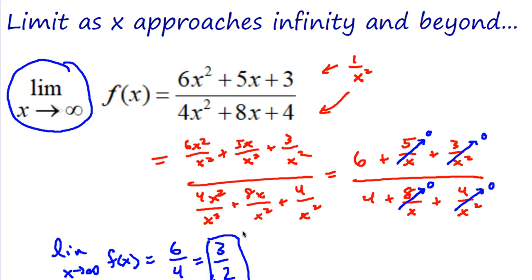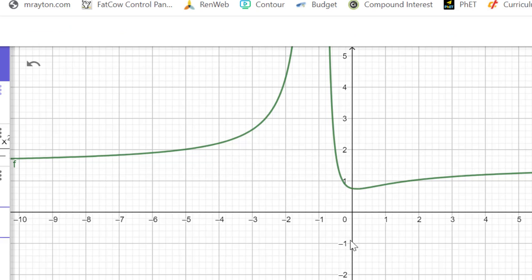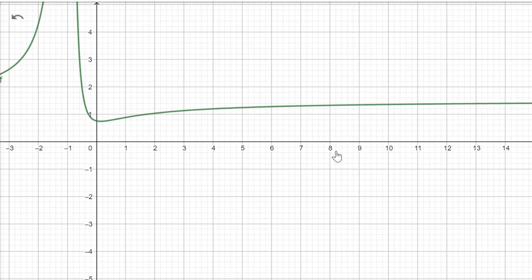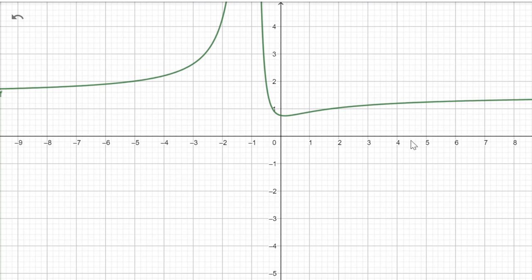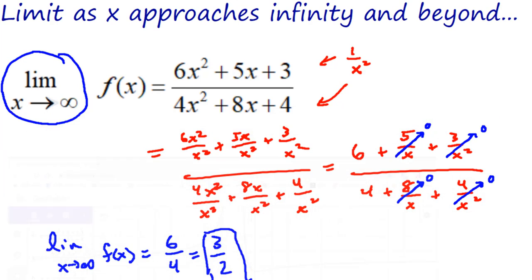If I graph this out, we would see graphically that this is correct. Take a look at this graph of 6x squared plus blah, blah, blah, over 4x squared plus blah, blah, blah. You can see how, as we approach infinity, we're approaching 1.5 or 3 halves. So our algebra looked correct here.